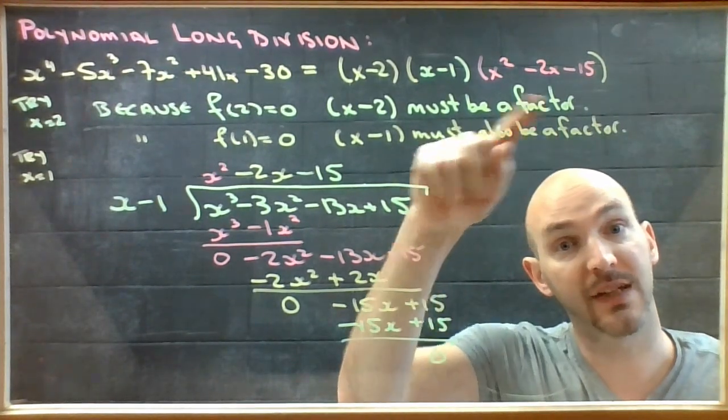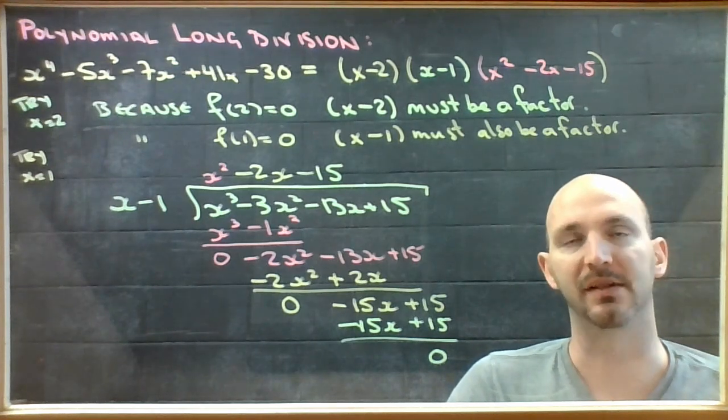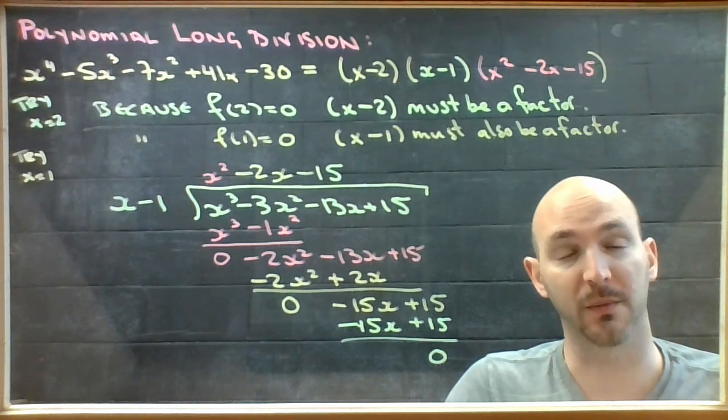Well, now that I have this, it's just a parabola. And we're real good at factoring parabolas. And even if it doesn't factor, you could use quadratic formula on it.